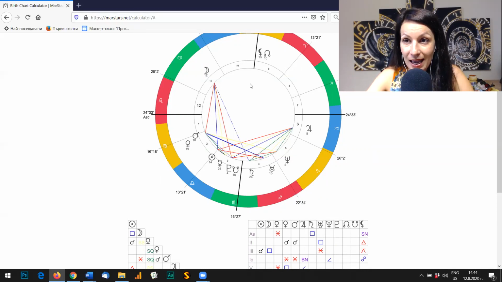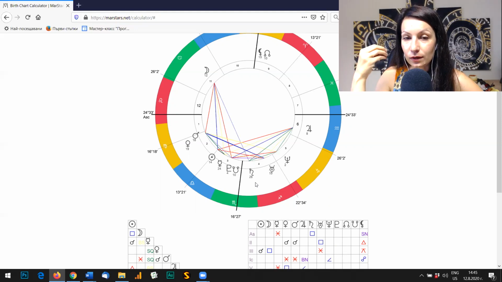Then we analyze the ruler of the house. The ruler of the house is basically the ruler of the sign which is on the cusp of this house. So in this case, we have Pluto, and the old ruler is Mars. They rule Scorpio. And what we do is, first of all, explore the sign position.